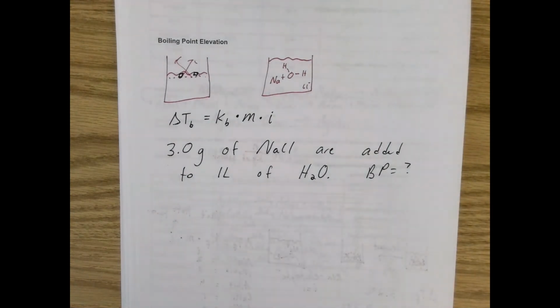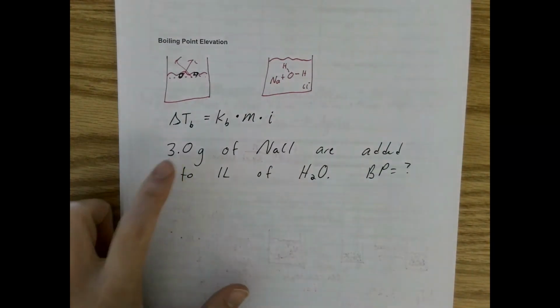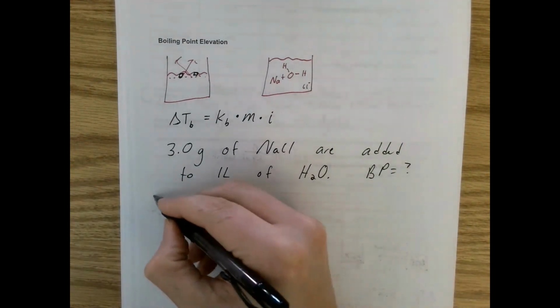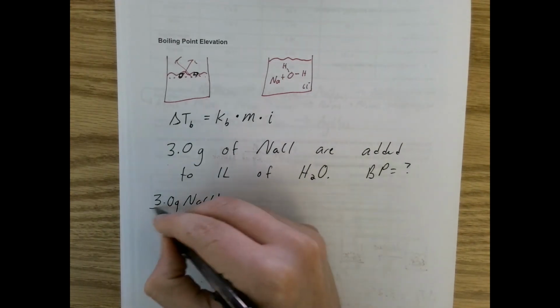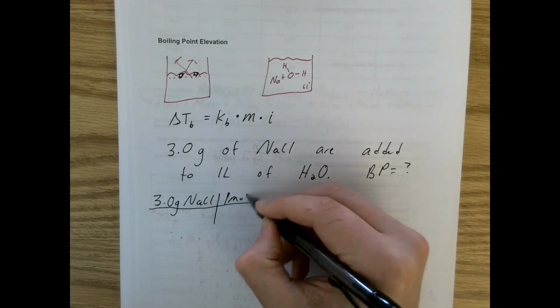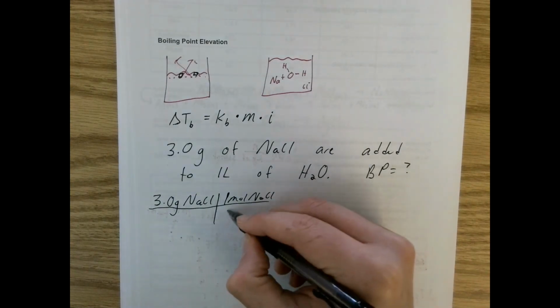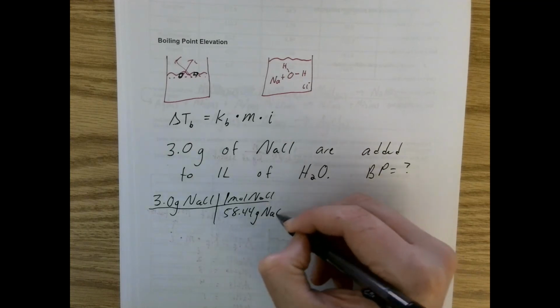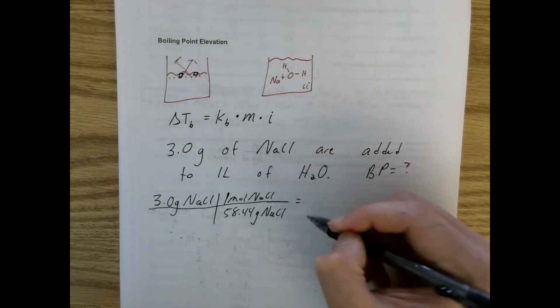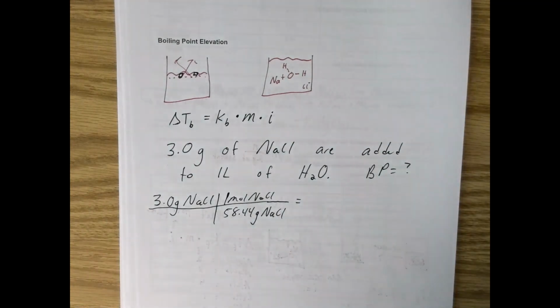So what's the first step going to be? Yeah, grams to moles. So 3.0 grams NaCl, 1 mole NaCl is 58.44, is that right? So around there. You just gonna trust me? I'm glad somebody does.